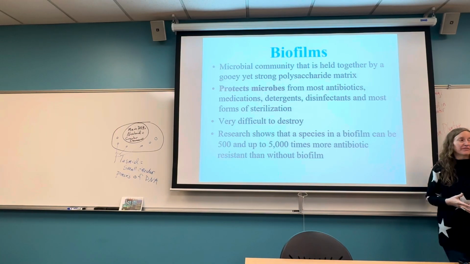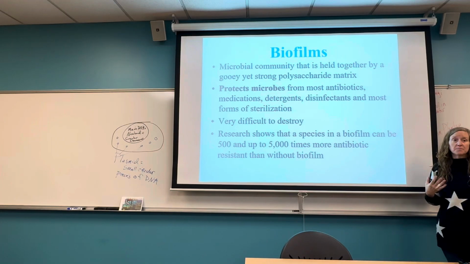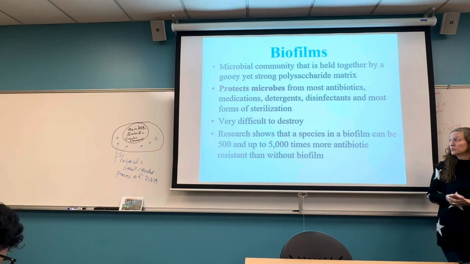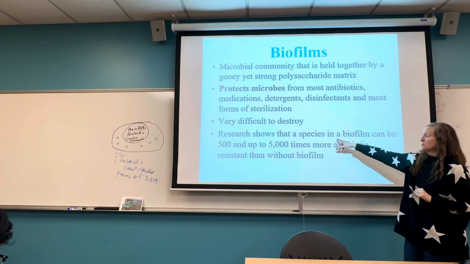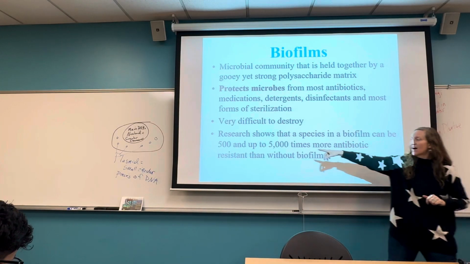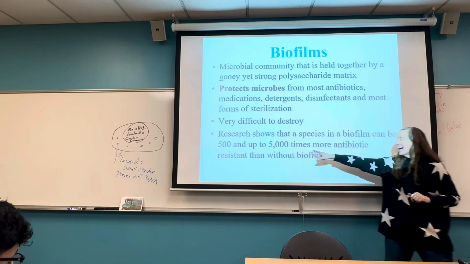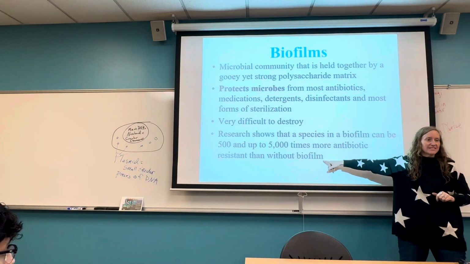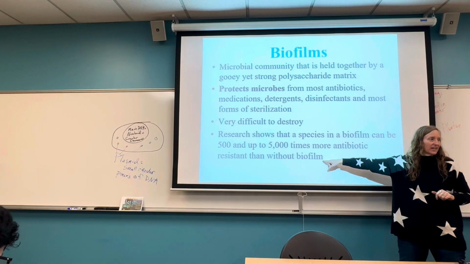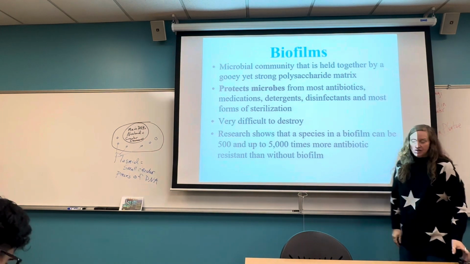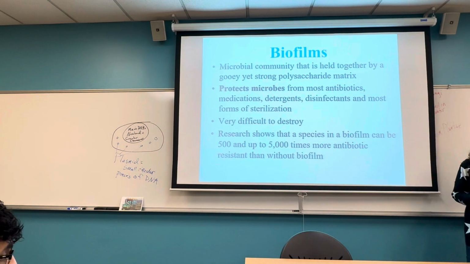Bacteria that can produce biofilms are really, really hard to destroy. They believe some antibiotic-resistant bacteria have the ability to do this. And so that's why antibiotics are really difficult to use in some cases. So check this out. Research shows that a species in a biofilm can be 500 to up to 5,000 times more antibiotic resistant than without a biofilm. That's terrifying. So go into research about biofilms, figure that out.